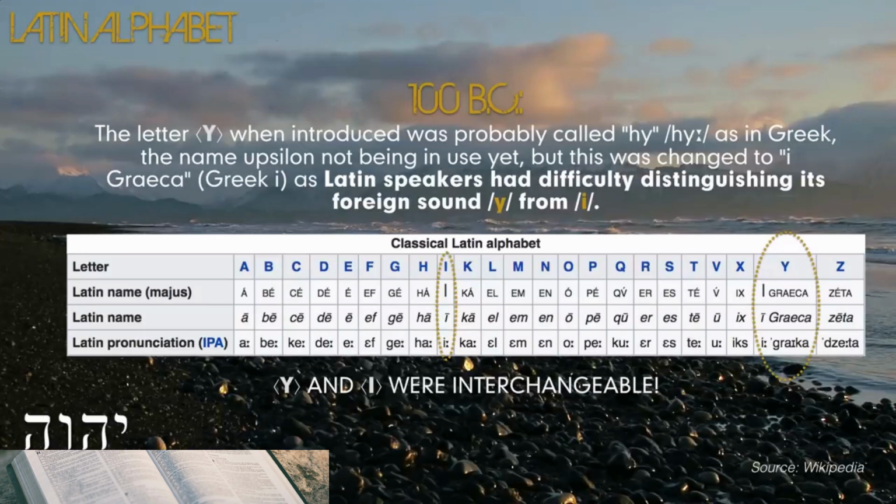So, I and Y are interchangeable as of 100 BC, when the Greek Septuagint was written, basically. So, was there a need to introduce a J into that? No. And again, do you see a J on this chart? Nope.